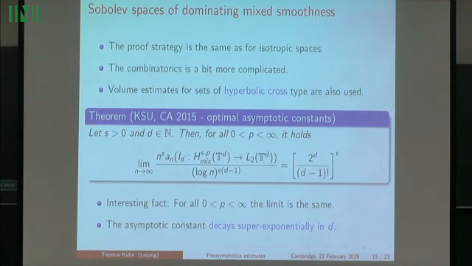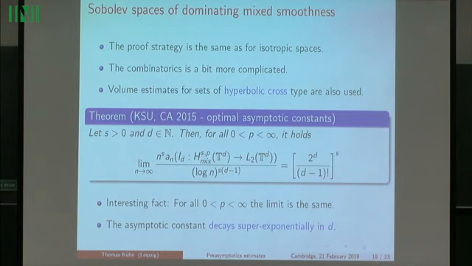However, the combinatorics here is now a bit more involved. And as I said, if we study these cardinalities I mentioned before, then we are left with estimates for the hyperbolic cross. I will not give this in detail.